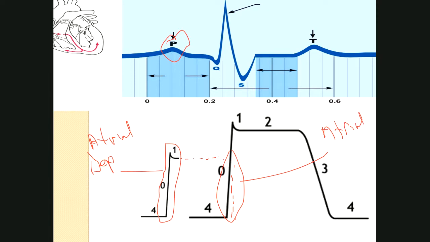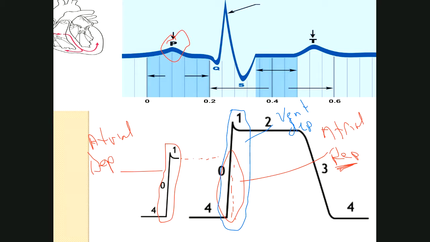The only thing is, at the exact same time that the atria are repolarizing, the ventricles are depolarizing. So here's the ventricle depolarizing. Look, it happens at the same time. And the ventricles are much bigger than the atria, and so they hide this. They hide what's going on with the atria, so we don't see it.